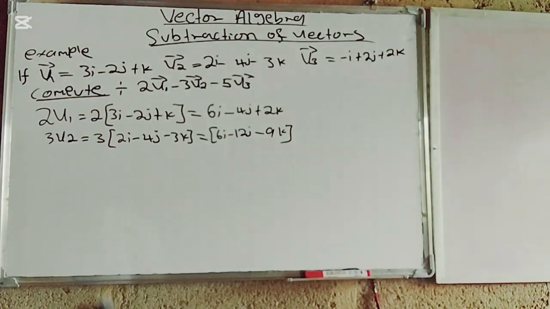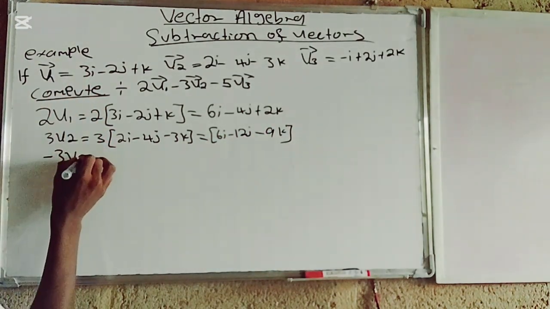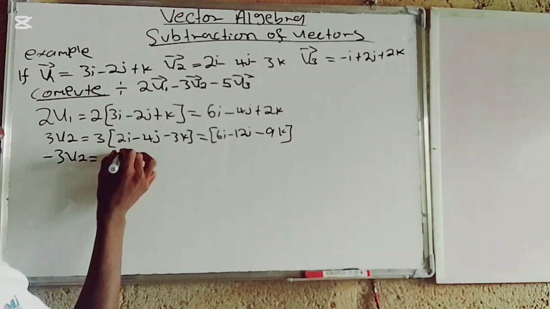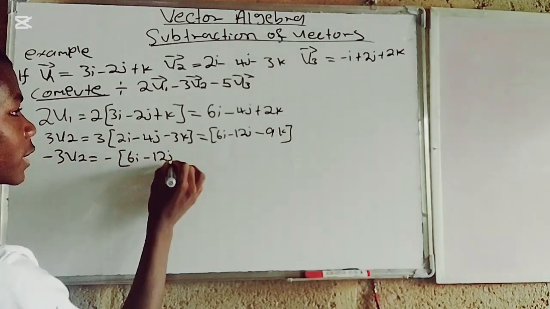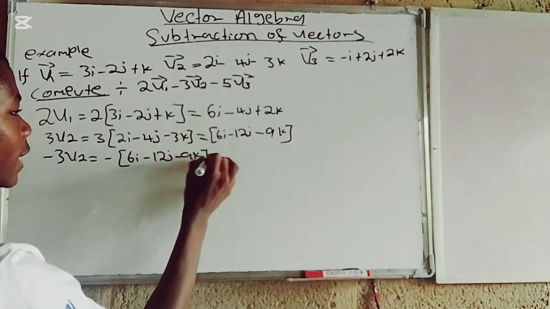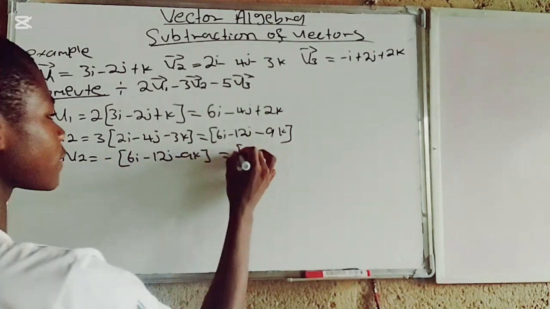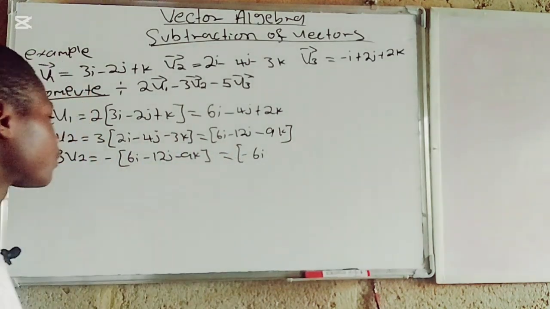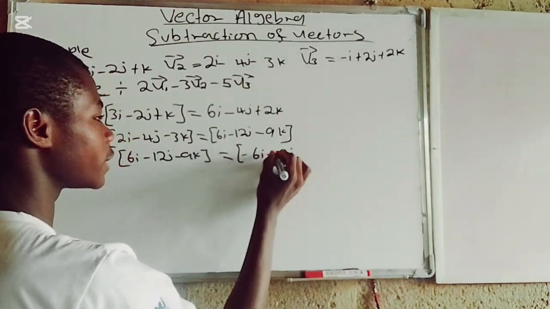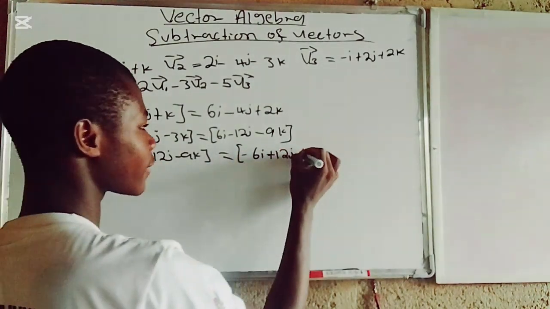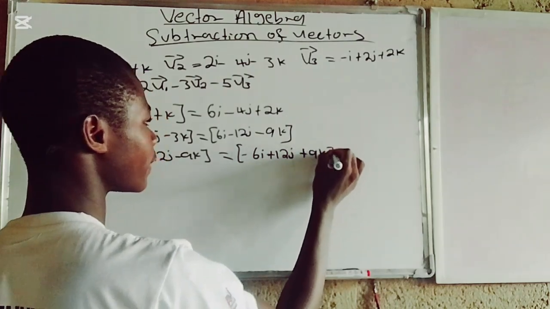After that I have to find negative 3v2. So the negative sign multiplied by this, negative 6i, negative times negative I'll get positive 12j, and negative times negative, plus 9k.